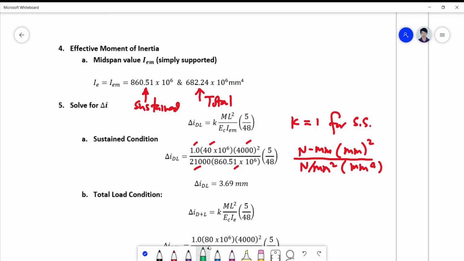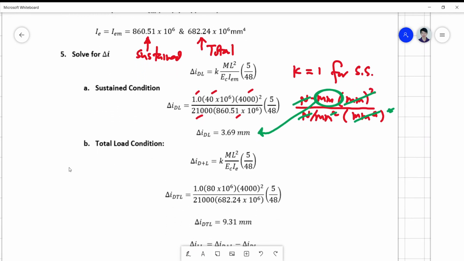Okay, so let's cancel Newton. Millimeter squared will be cancelled here, but the remaining 2 there will cancel there. So what remains is millimeter. So my unit now is in millimeter.